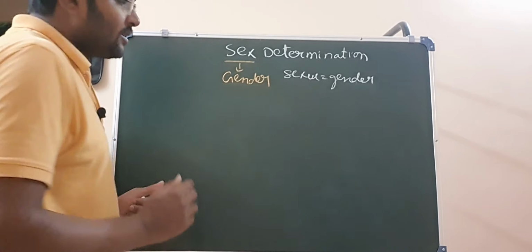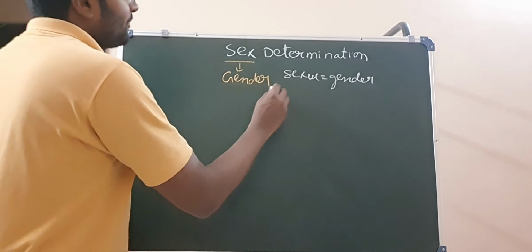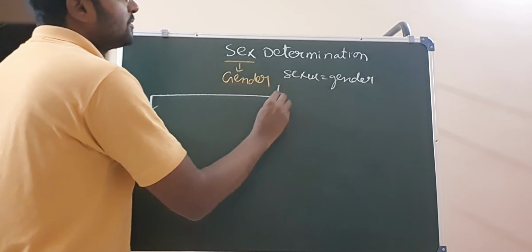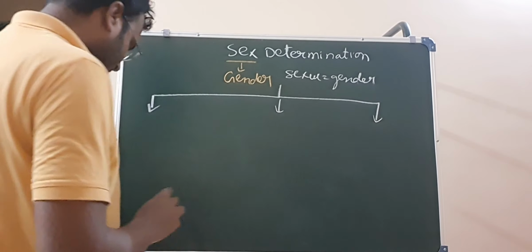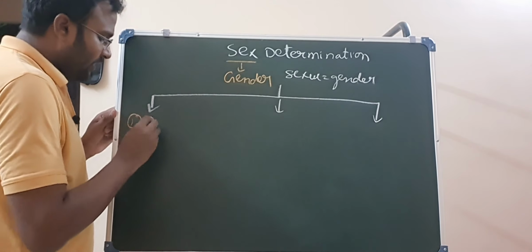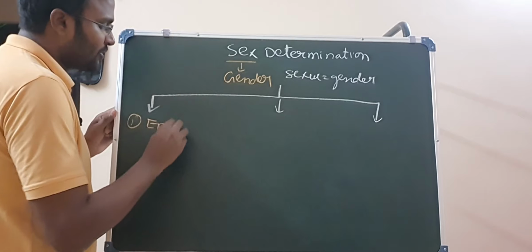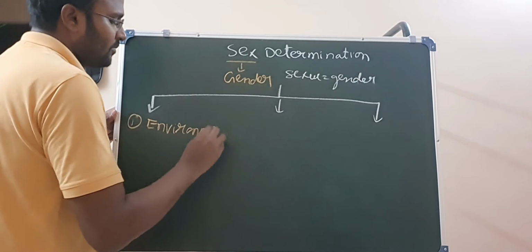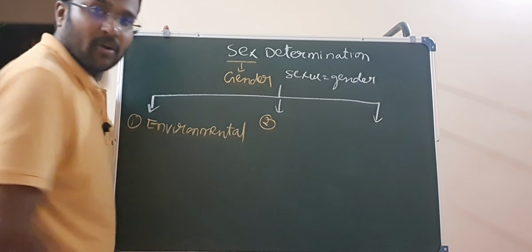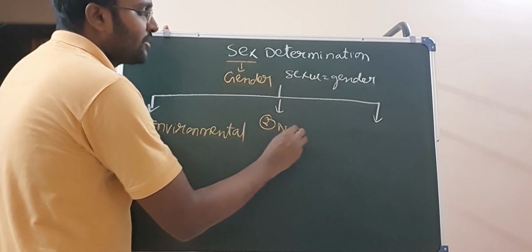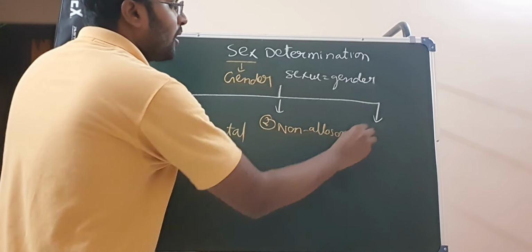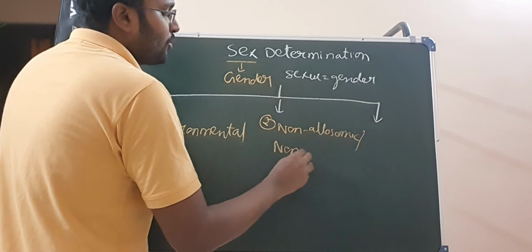So let us see the types of sex determination. The sex determination can be of three types. If you take the first type, environmental sex determination. Second type is non-allosomic sex determination, or non-chromosomal.